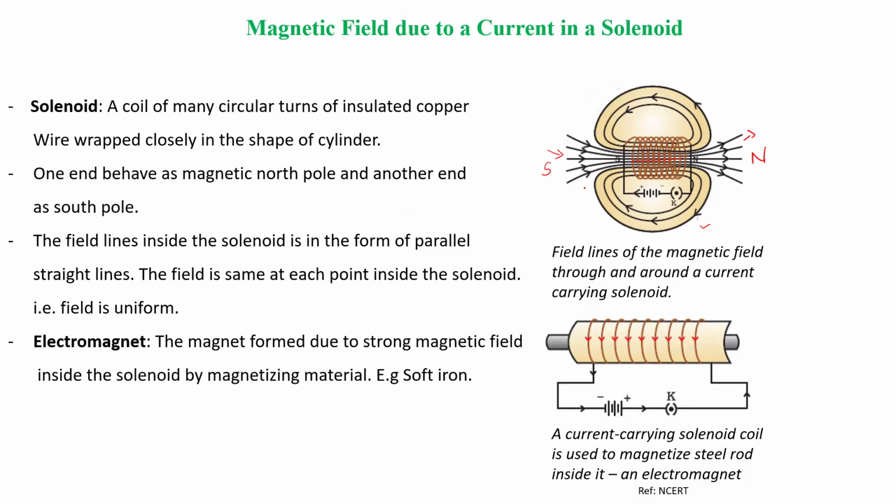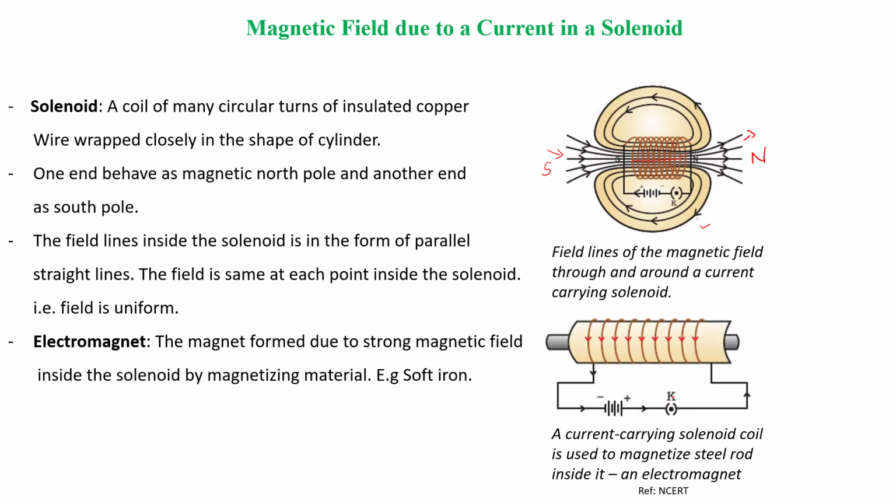They are not emerging and merging. Inside the solenoid, these lines are parallel to each other. These parallel lines inside the solenoid show that the field is uniform.